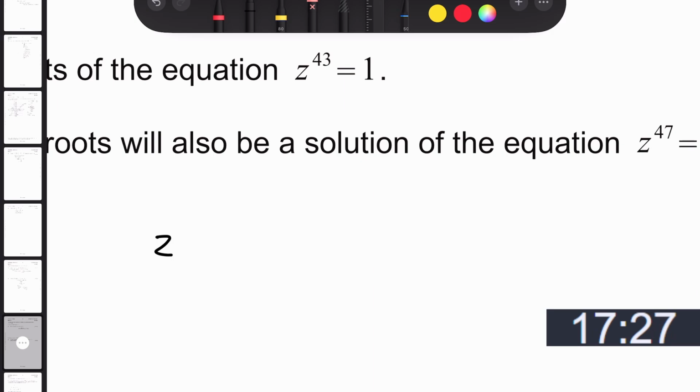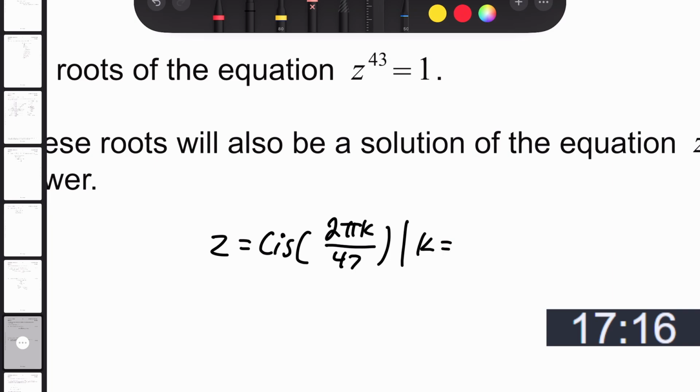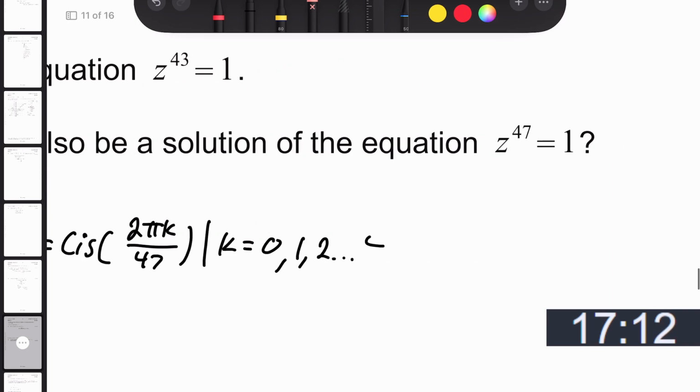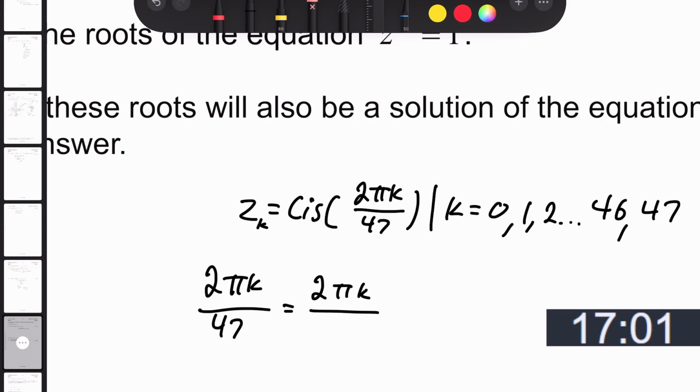So z to the 47, z will equal cis of 2 pi k on 47, given that k equals 0, 1, 2, ... 46, 47. So what we need is that 2 pi k on 47 equals 2 pi k on 43.